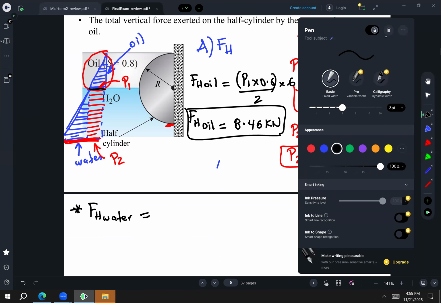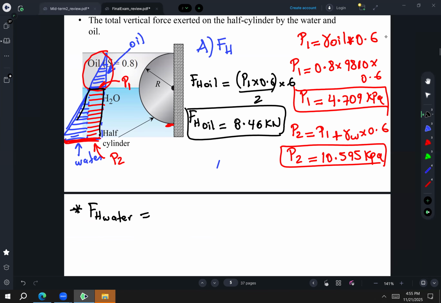It is going to be the area of this trapezoid times the length. So the area of the trapezoid is the top, which is P1, plus the bottom, which is P2, divided by 2, times the height, which is 0.6, and times the length, which is 6.